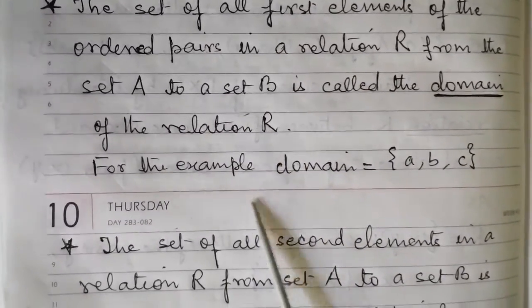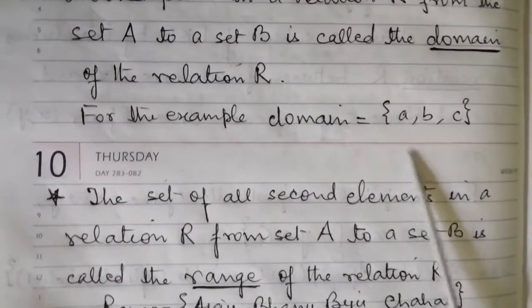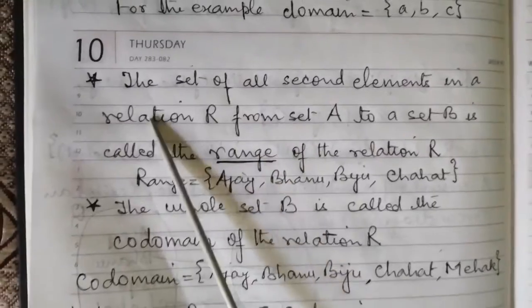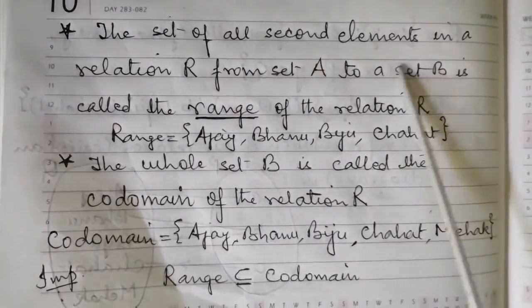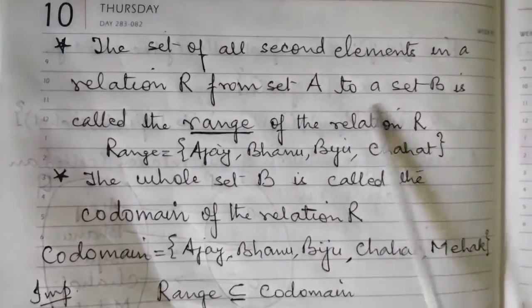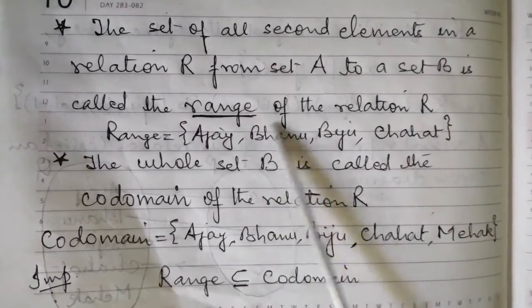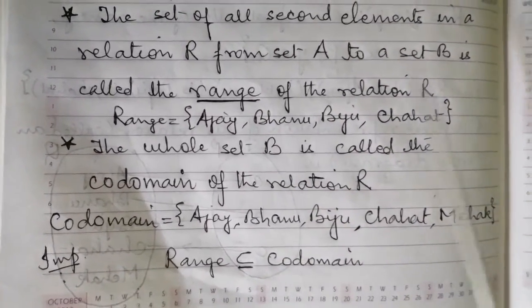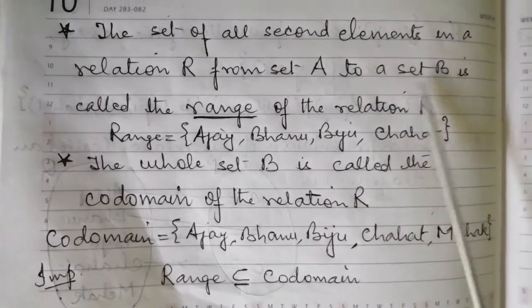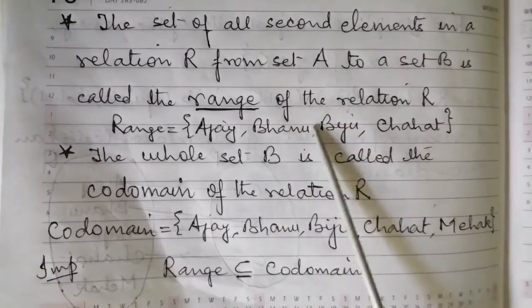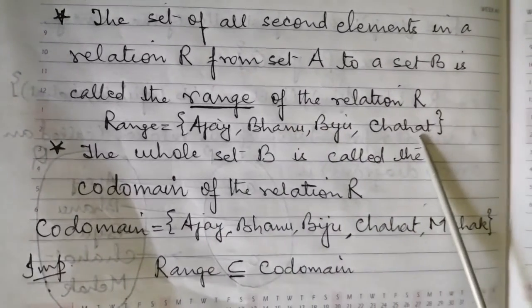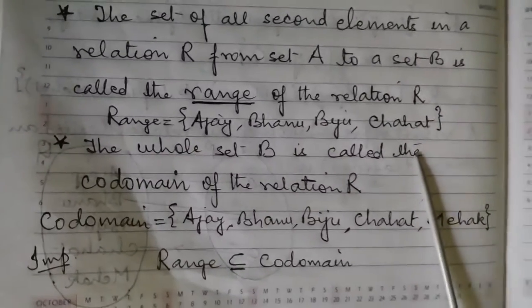For example, the domain will be the set A comma B comma C, right? Then the set of all second elements in the relation R from set A to set B is called the range of the relation R. So the range will be Ajay, Bhanu, Biju, and Chahat, right?